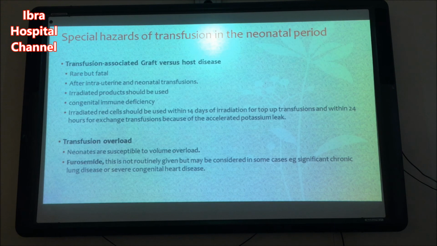But again, in pediatrics you have to be careful. Take into consideration the blood pressure and the hydration state of the patient himself. But to avoid volume overload, which can result in an ARDS picture in the lung, furosemide should be considered and kept in mind. If there is a risk that this patient has some heart disease or lung disease, then you consider furosemide mid-transfusion.